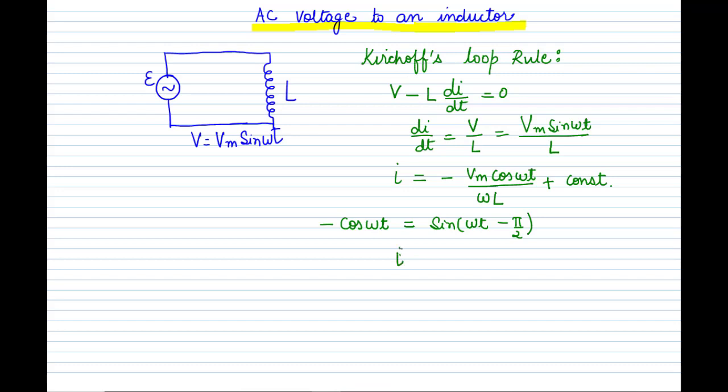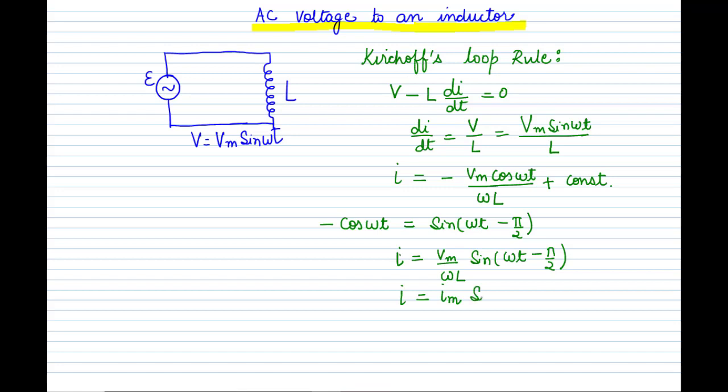So our I may be written as Vm upon omega L times sin of omega t minus pi by 2. And this whole quantity Vm upon omega L is the maximum value of current.